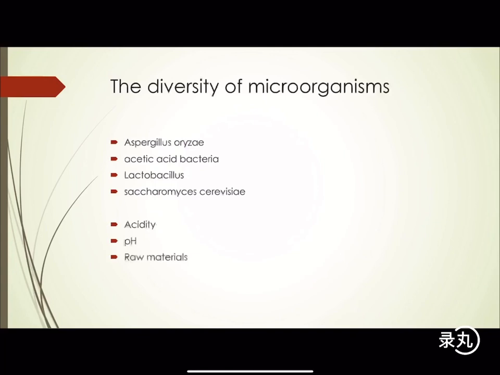Different raw materials will directly affect the growth and reproduction of the microorganisms. For example, many traditional Chinese fermented vinegars use grains as fermentation materials, and grain vinegar contains more starch. Therefore, mold and yeast are often involved in fermentation. The main function of the mold is to release amylase to carry out the saccharification of the starch.